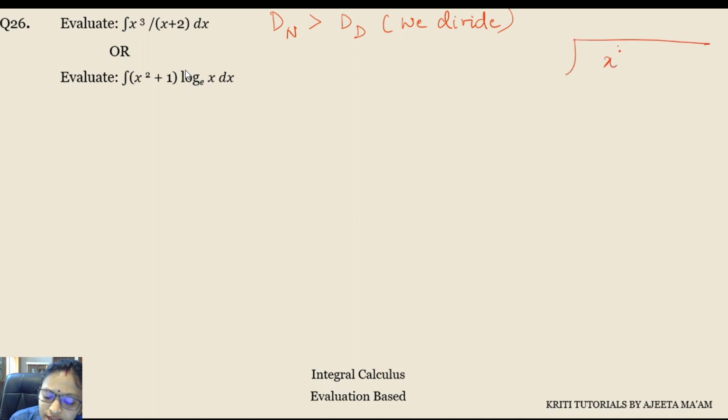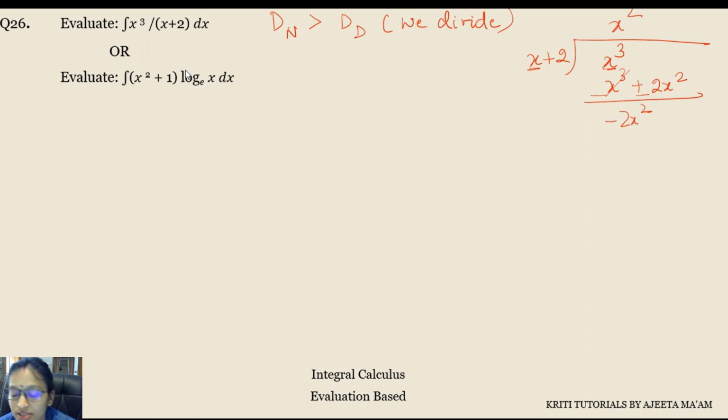So what will we get? x cube here. Now by which term shall we multiply first? x square. So what will we get here? x cube plus 2x square. Now we change the sign. We get minus 2x square down. Just check, we have to change the sign of the terms.